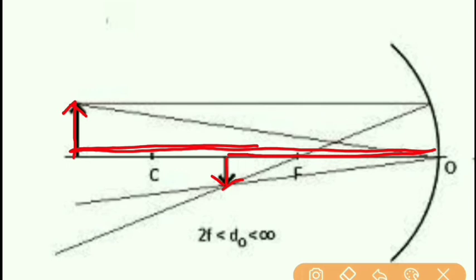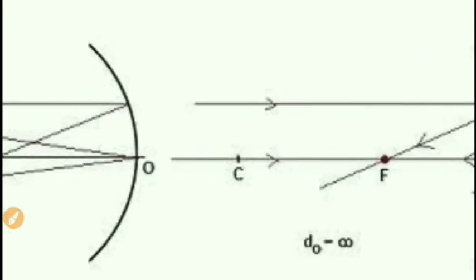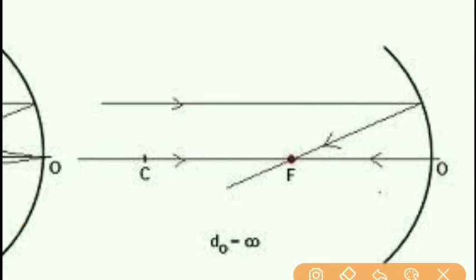And one more thing, you can see the object is placed vertical and the image is formed inverted. Even in the previous case, the object was erect or vertical, but the image which is formed there was inverted.